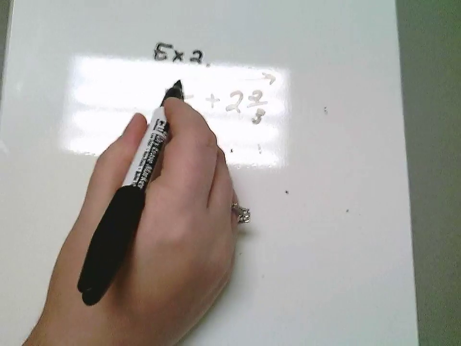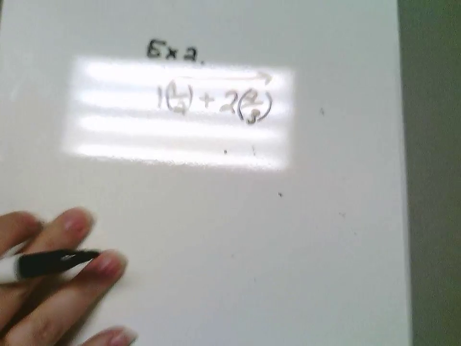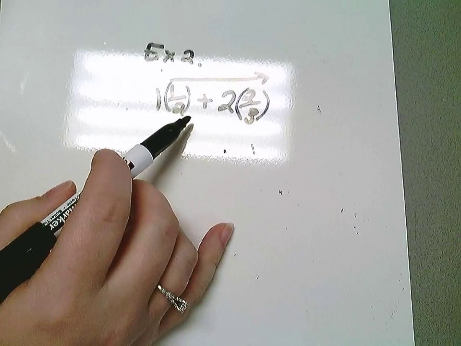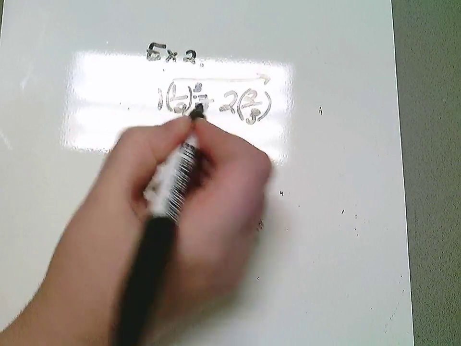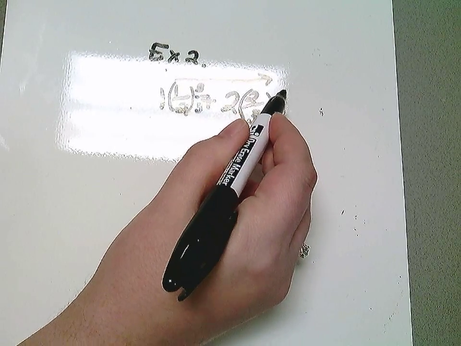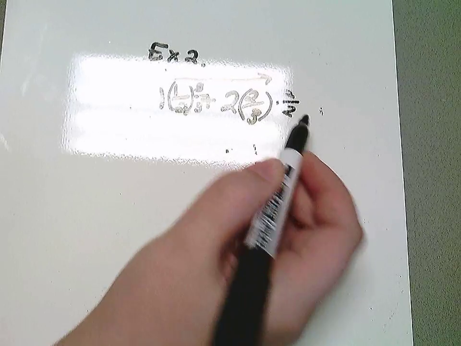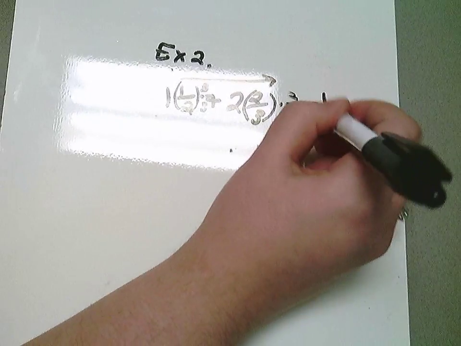If you said multiply both fractions by the opposite denominator, you are correct. So this 1/2 will be multiplied by 3/3, and this 2/3 will be multiplied by 2/2.